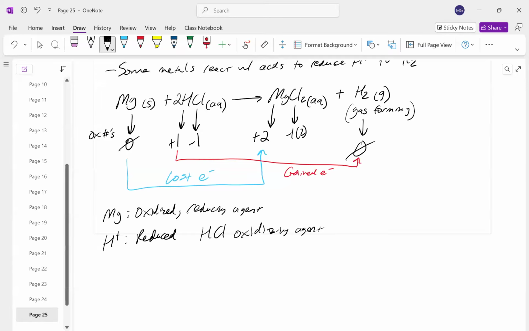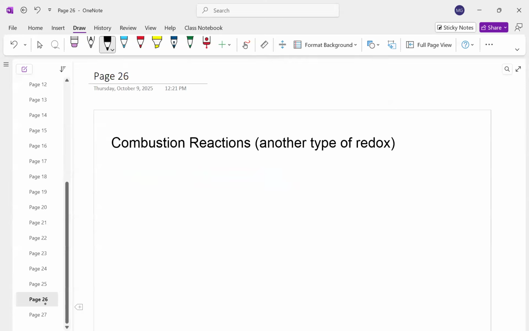Now, the other type of redox reaction I want to look at are combustion reactions. So again, yet another type of redox. And just like the name kind of implies, we're setting things on fire. But it releases energy in the form of heat. And generally, the reducing agent is the fuel for a reaction.